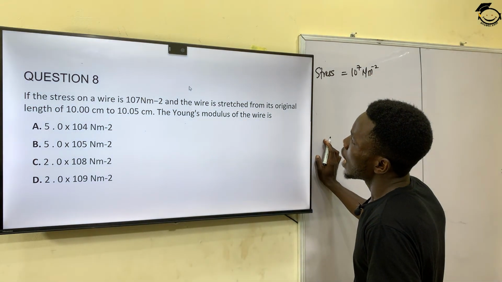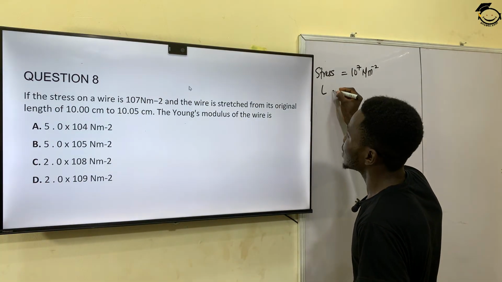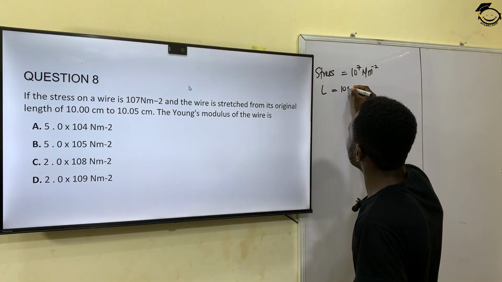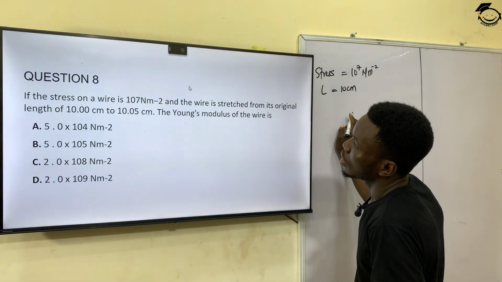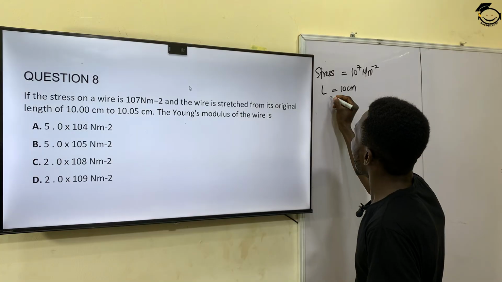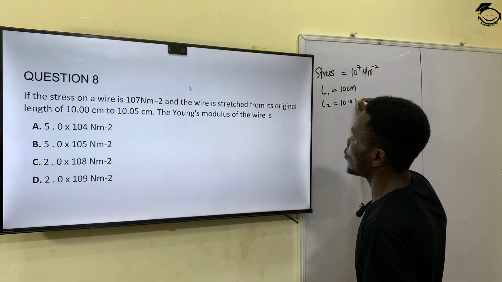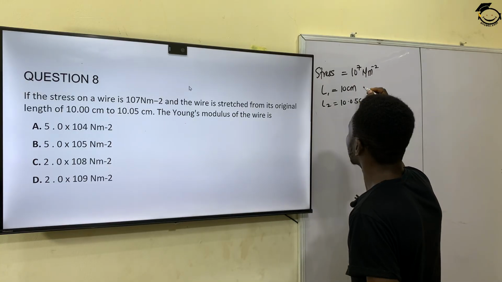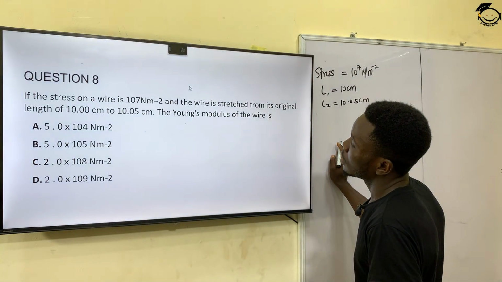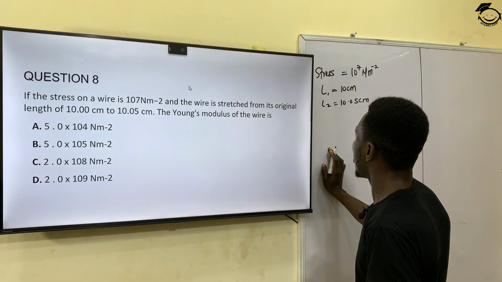They said the wire is stretched from its original length, which was given as 10 centimeters, to a new length. So our L1 was given, our L2 was also given as 10.05 centimeters. Then it said the Young modulus of the wire is that.